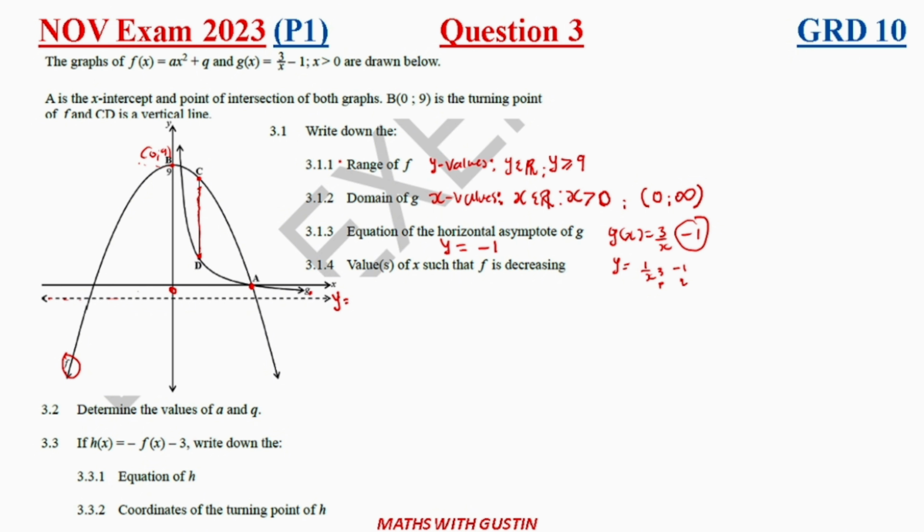Okay, so now let's have a look at this one. It says 3.1.4, the values of x for which. So imagine you are sitting here on an airplane. I'm going to try to draw an airplane there. There you go.